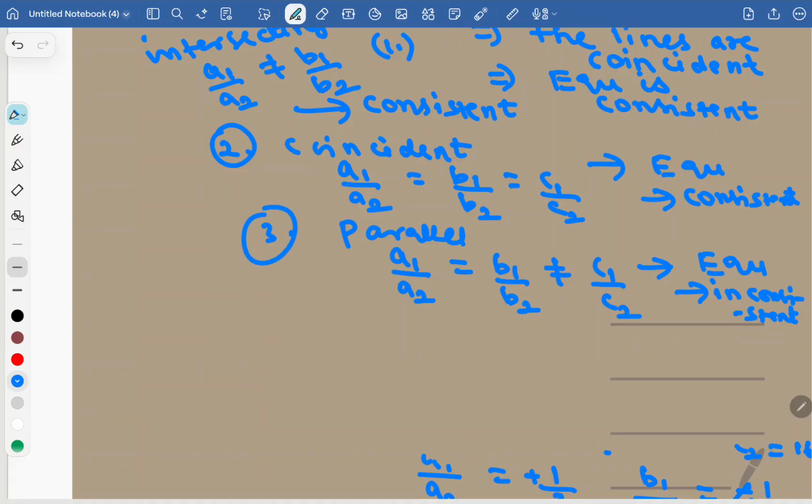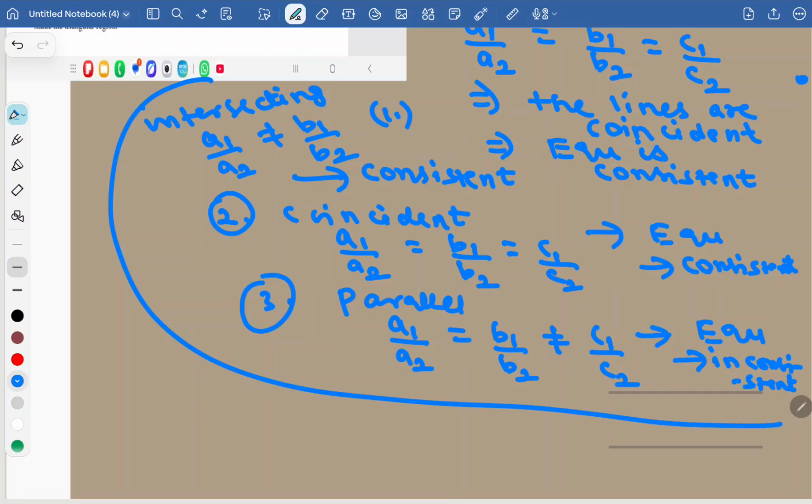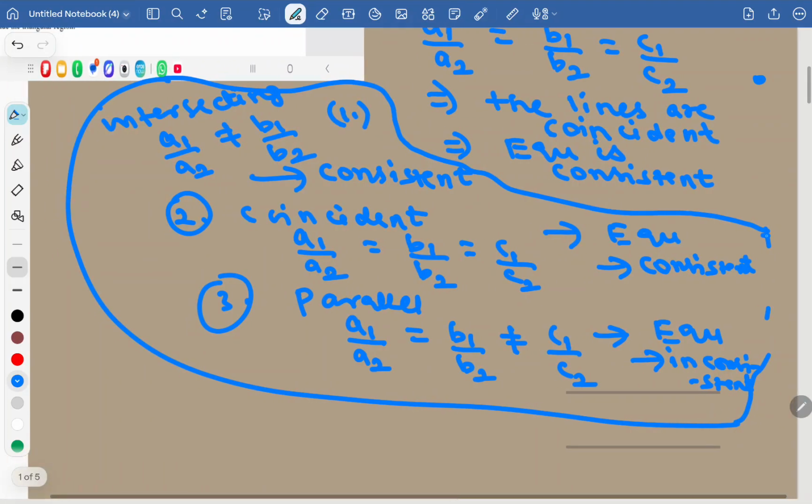This is the third case. We have to remember these three important cases for the equation to be consistent or inconsistent. If these three cases are easy to remember, then the problem 3, all the subdivisions are very easy.